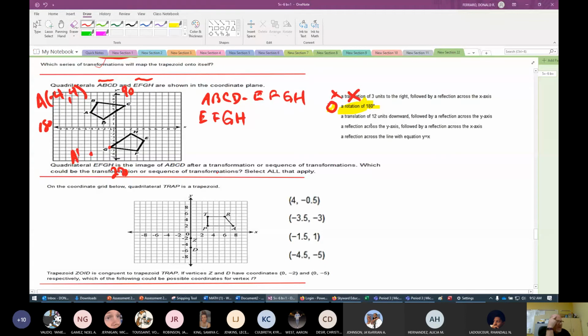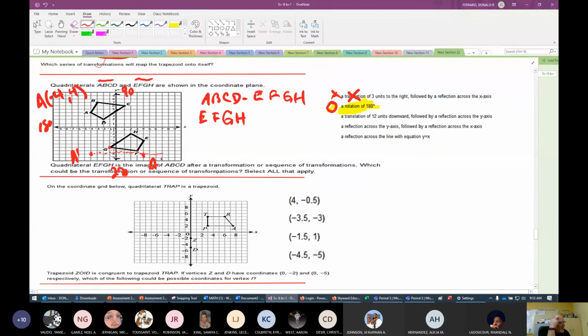And then they say, followed by a reflection across the y-axis. So now I just take this across, okay, and I stay on the same parallel. So that's -8, all right. But F looks as if it's on -7. Well, that doesn't match, all right. And O, guess what? Because we're left -4, we got to be to the right -4.